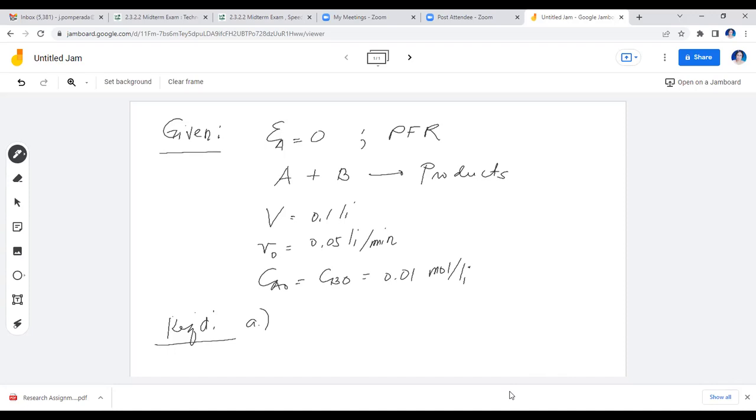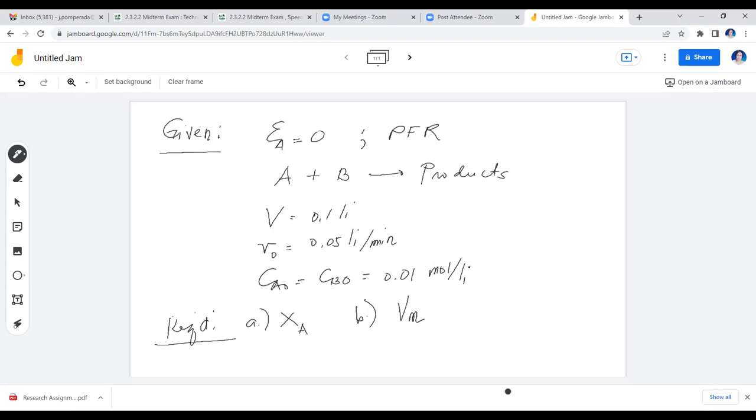What is this? This is X sub A. Letter B: for the same conversion, what size of stirred tank reactor is needed? So we have the same conversion as A. You are required for the volume of the mixed flow reactor.